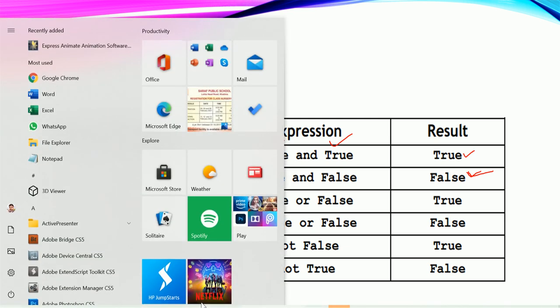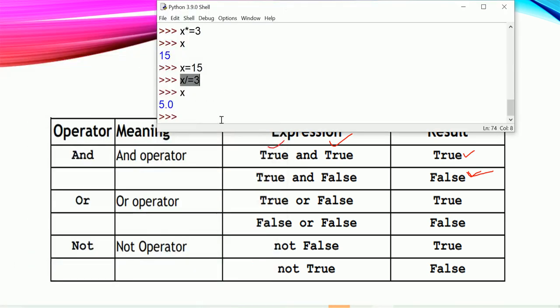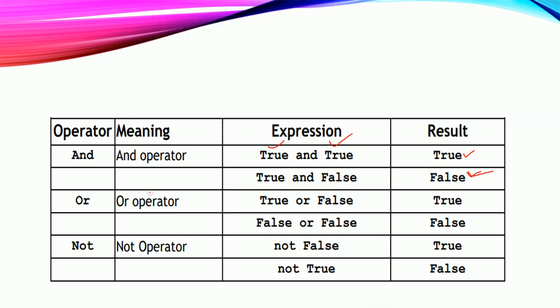So I'll use in a program x equal to 5, y equal to 7. In this, if I write x equal to 5 and y equal to 7, then we will get true, otherwise it will be false. The same way, the OR operator, what will happen?